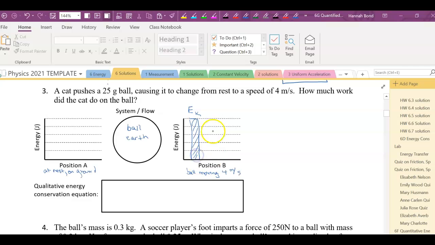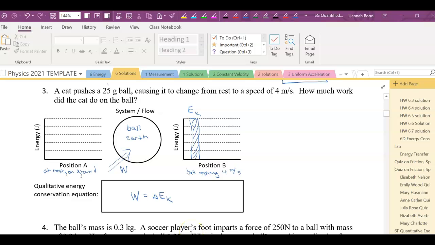We're just ignoring any friction here. Okay, so that energy that we see in the ball at position B has come from the work that the cat did on the ball. So in this case, the work equals the change in the kinetic energy of the ball.